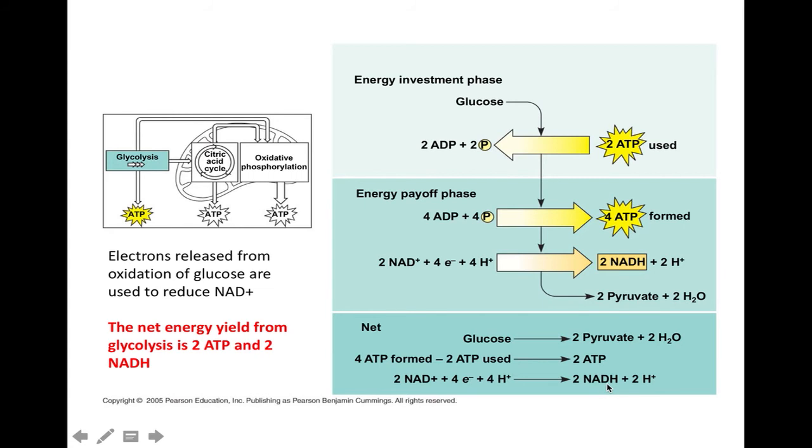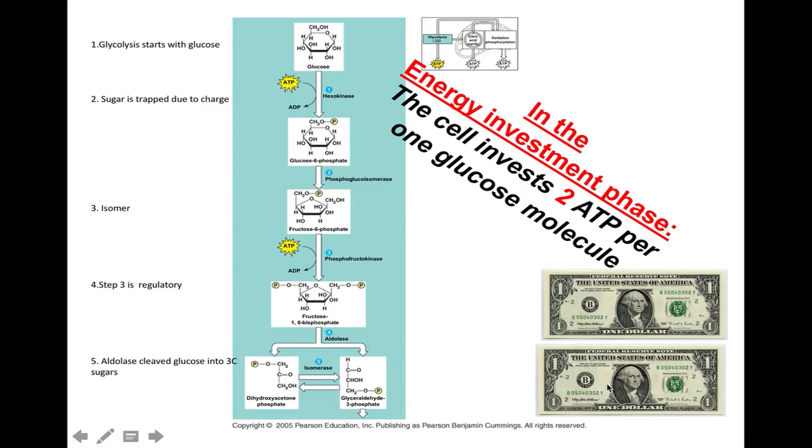So yes. Coming to the energy investment phase, as you can see, there are 5 steps happening sequentially, one after another, and each step has its own enzyme. Good news, you don't have to memorize all the names of these molecules, inputs and outputs, and the names of the enzymes.